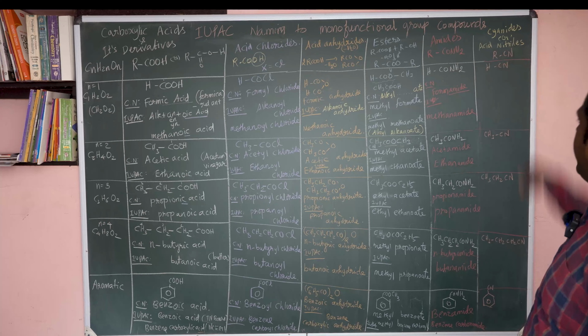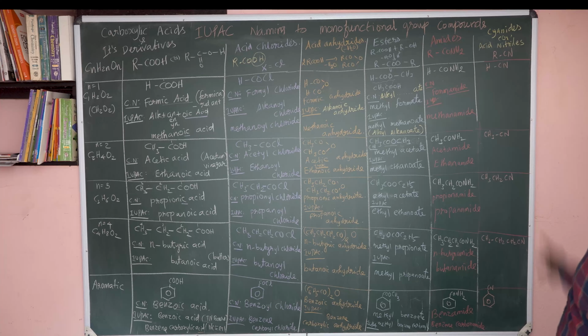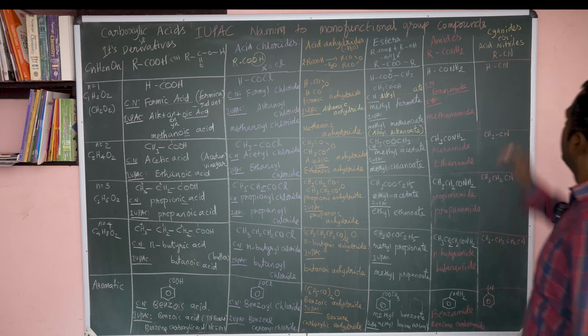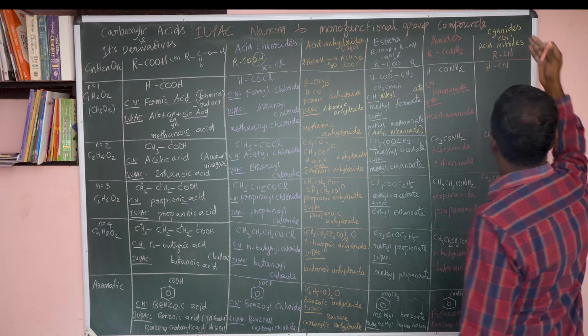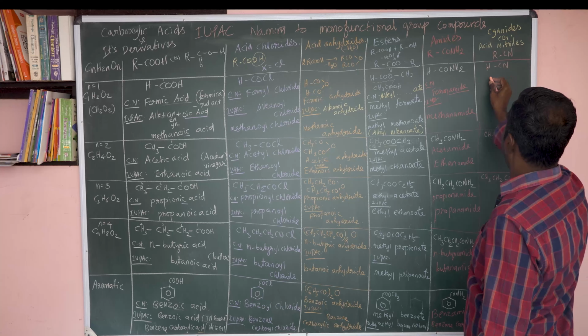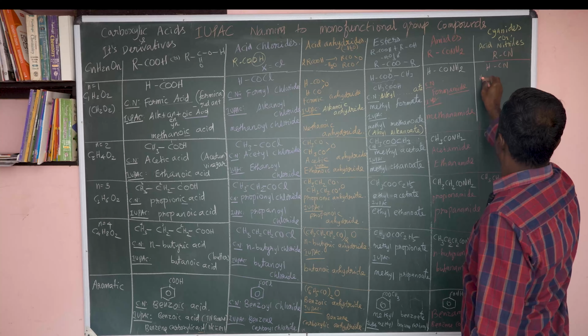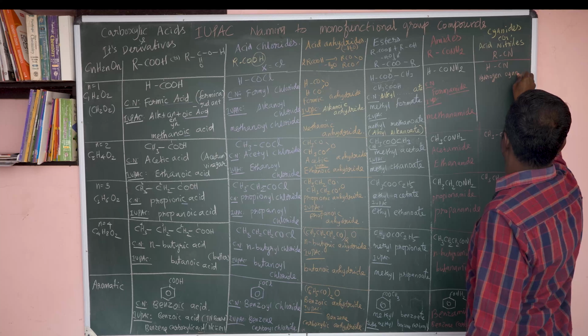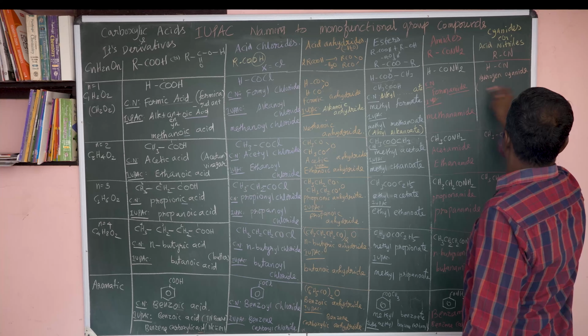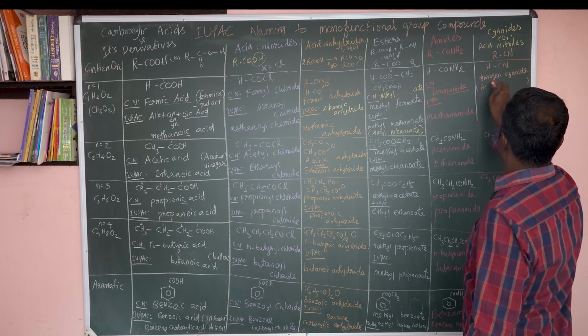These are all cyanides. We can give two types of common names: one ending with cyanide, another ending with nitrile. The cyanide name is given as such, so HCN is hydrogen cyanide, and the nitrile name is the acid nitrile.